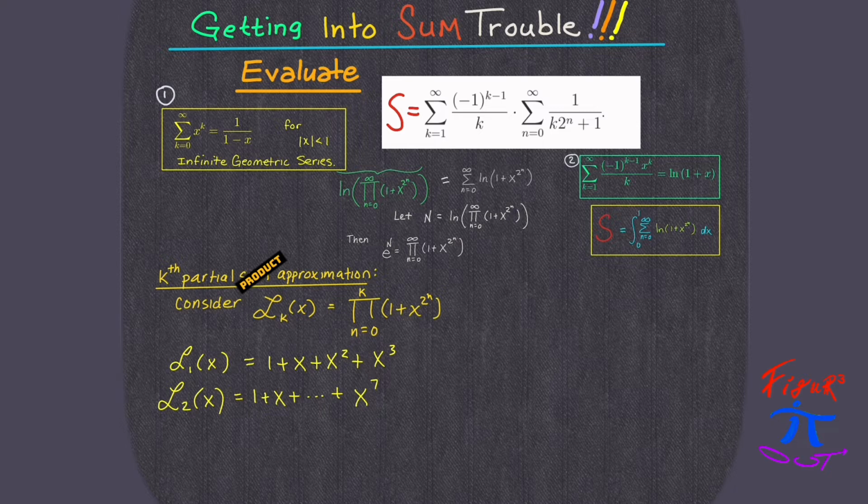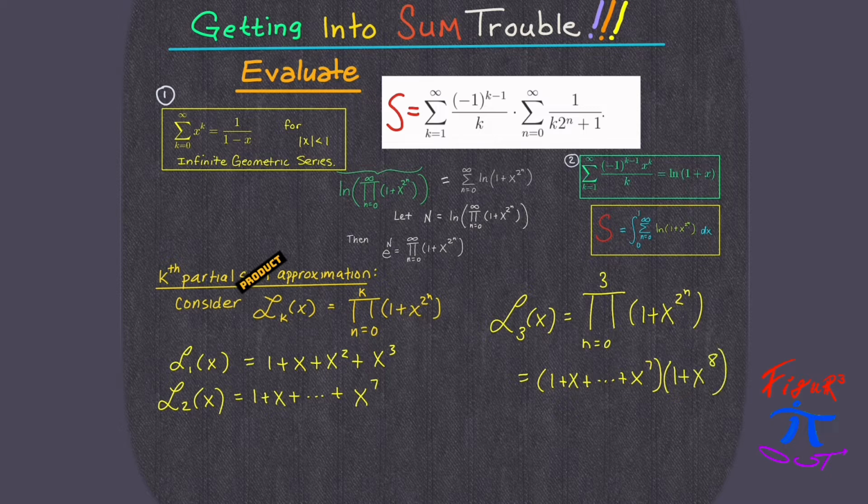All right, let's take another look, maybe let k equal 3 and look at that partial product. We're going to get the previous product multiplied by the next term in the product, which would be 1 plus x to the 8th. And putting that all together, we get a polynomial of 15th degree.